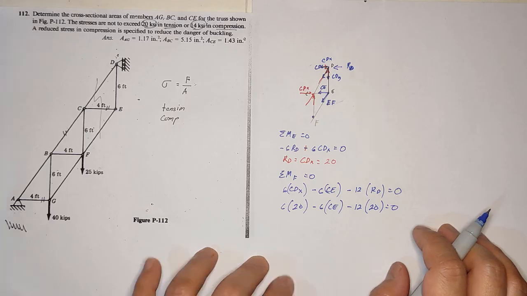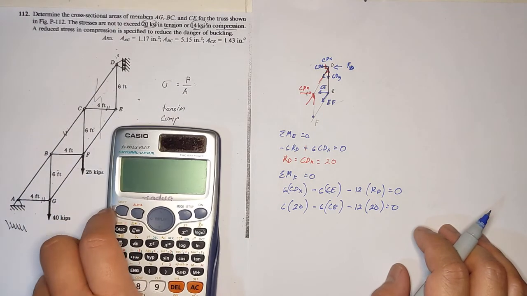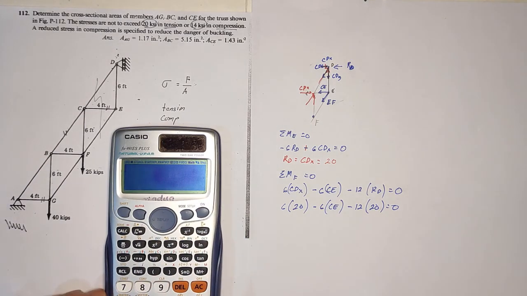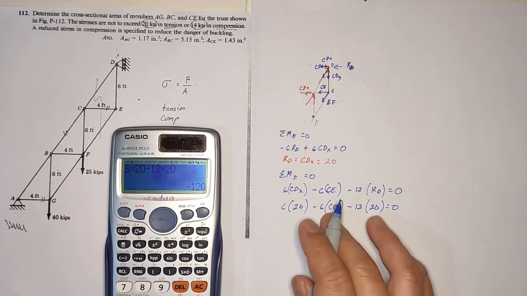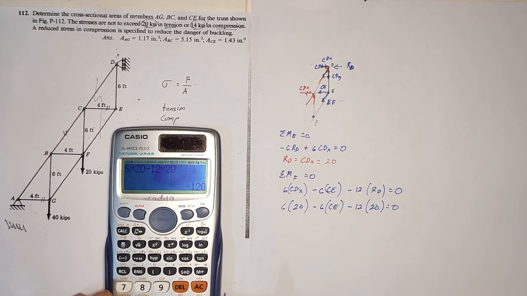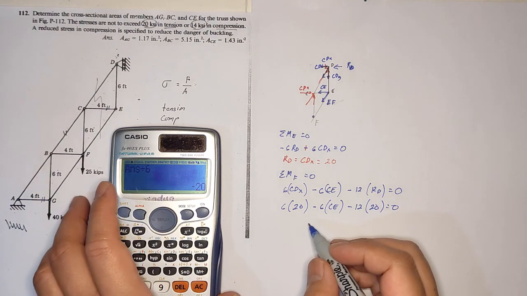Now, tama na ba yan? Baka mamaya kasi. So you have 6 times 20 minus 12 times 20. Oops, it's negative. Dilipat doon positive, so magiging negative 120 yan divided by 6. So 20 CE, it's 20.